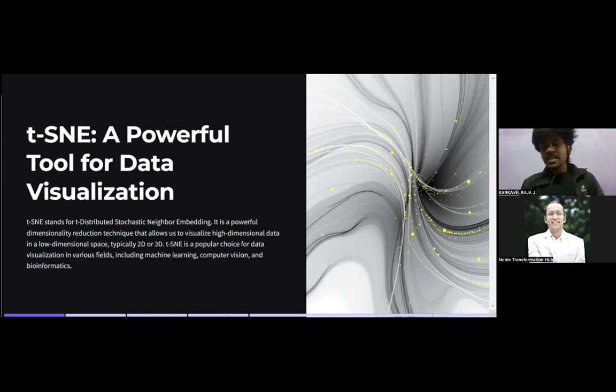But tSNE tries to reduce data of any high dimension to a lower dimension such that we can make the visualization easier. Putting it in a simple manner, tSNE reduces high dimensional data to low dimensional data such that we can make the data visualization very easy. That's the major thing.